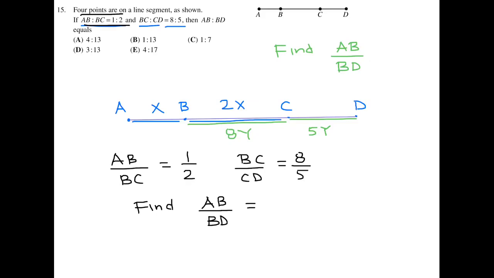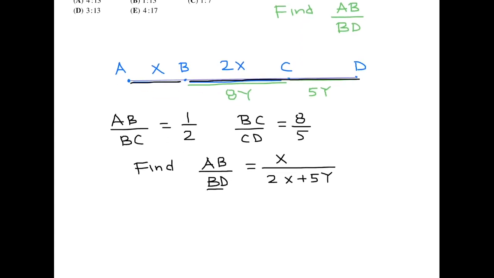Let's plug in all the variables that I wrote in this diagram. So what's AB? AB is from here to here, and I chose it to represent x. And then BD is where? From here all the way to here. So that's 2x plus 5y, like that.